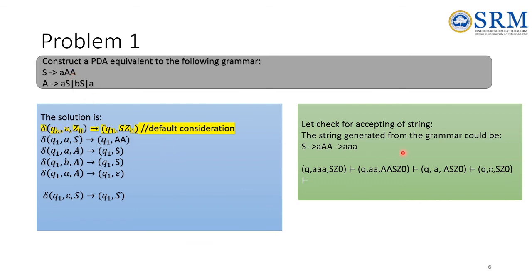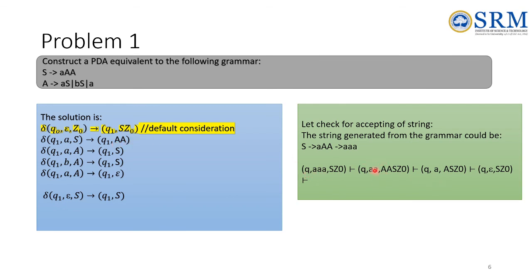Let me take some input string and check. This string will give S gives AA, for all the capital A. If I take the input, you will be getting triple a. So see, (Q, aaa, S Z0). In my state, when I read a and the top is S, I am pushing two capital A's onto my stack.